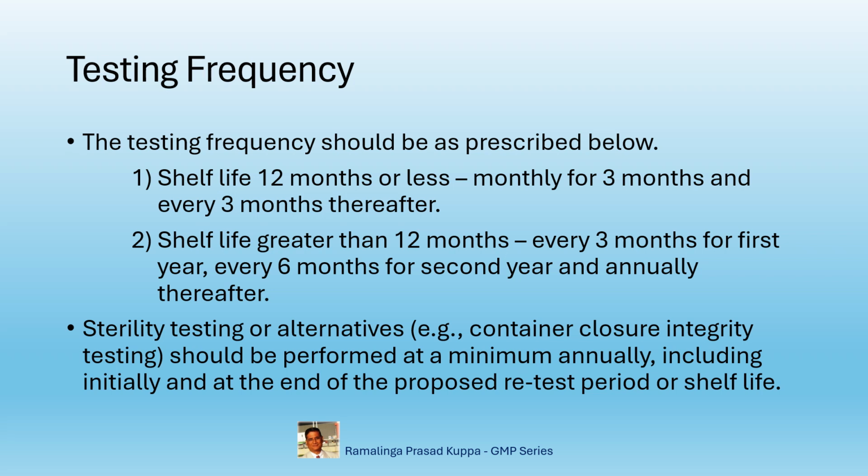Sterility testing or alternatives, for example container closure integrity testing, should be performed at a minimum annually, including initial and at the end of the proposed retest period or shelf life. This is an annual monitoring requirement.